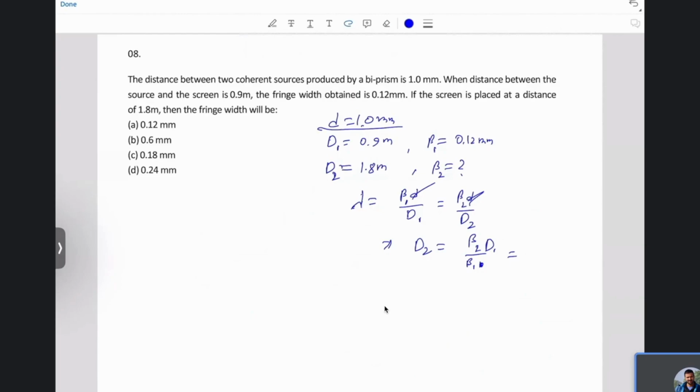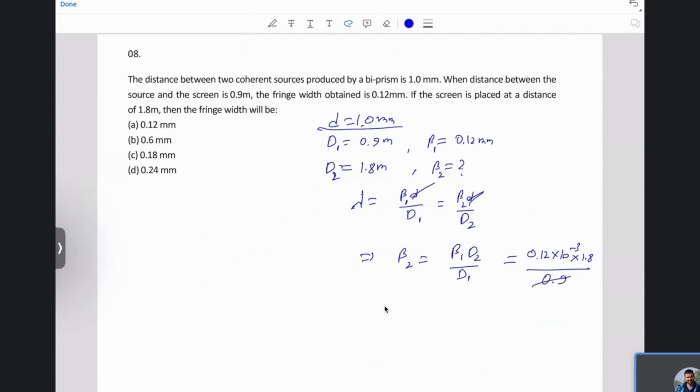Sorry, we have to find beta 2. So beta 2 will be beta 1 D2 by D1, and beta 1 is given as 0.12 mm, that is 0.12 into 10 to the minus 3 meters, into D2 is 1.8 meters, and D1 is 0.9 meters.